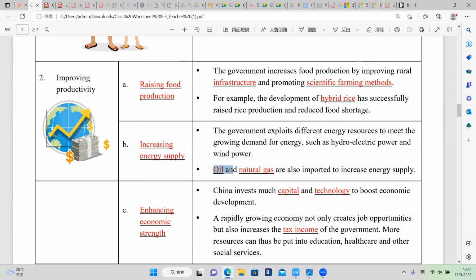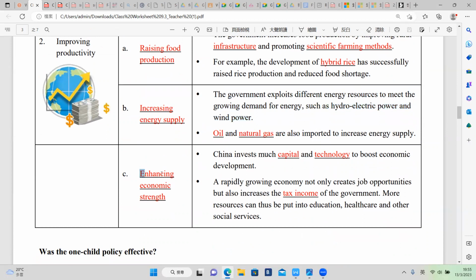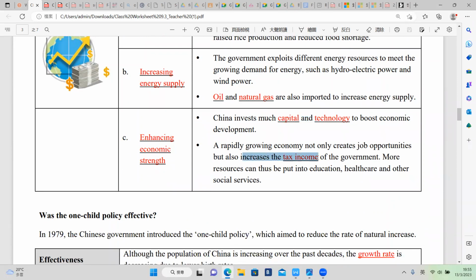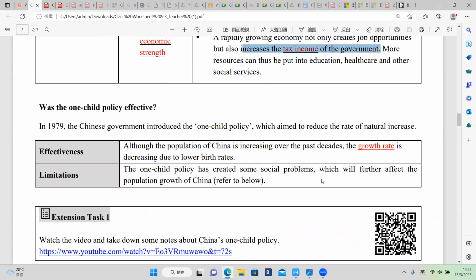For example, we can import more oil and natural gas, or find different kinds of energy resources, like hydroelectric power and wind power. Enhancing economic strength, which may include capital and technology, can boost economic development. If the economy is better, then the tax income of the government can also be increased.